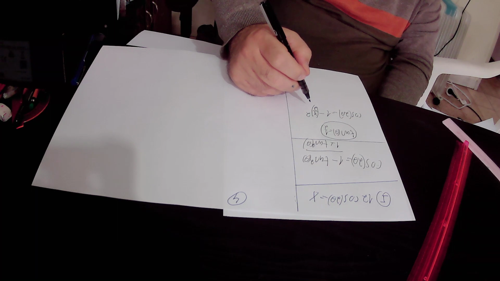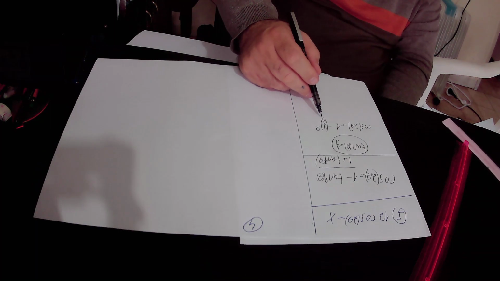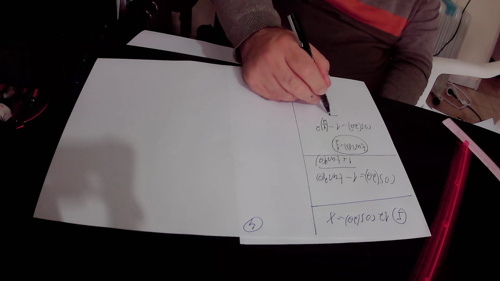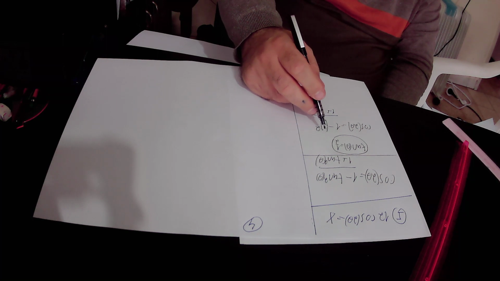So in the numerator we have 1 minus 1/2 squared, over, in the denominator, 1 plus tangent square theta, and tangent square theta equals 1/2 squared.